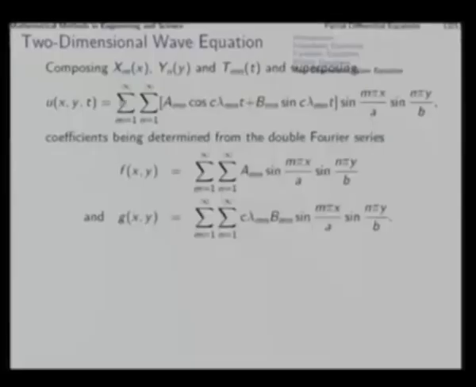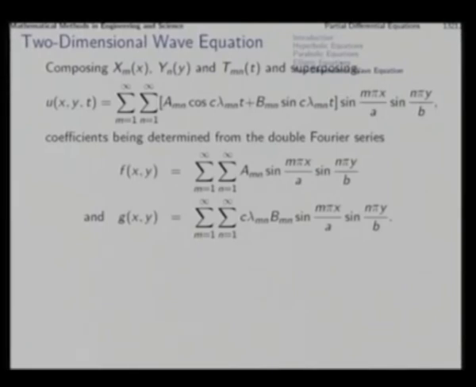That means, we get the solution in the form of this double summation. The outer summation is with respect to m, the inner summation with respect to n. So, this is T_mn of t, this is X_m of small x, this is Y_n of small y. This is the complete solution which will satisfy all the boundary conditions and certainly the differential equation.